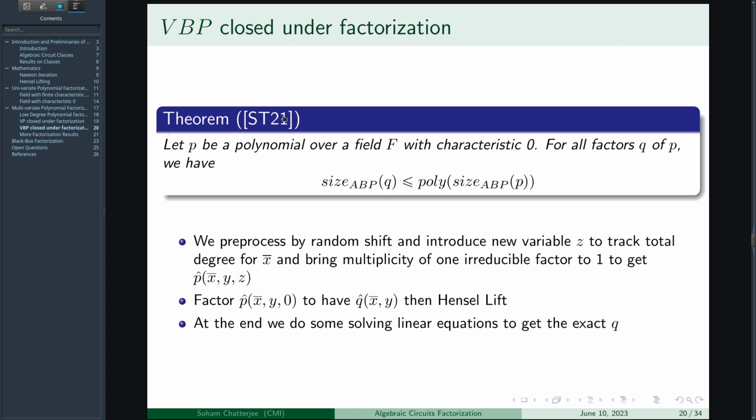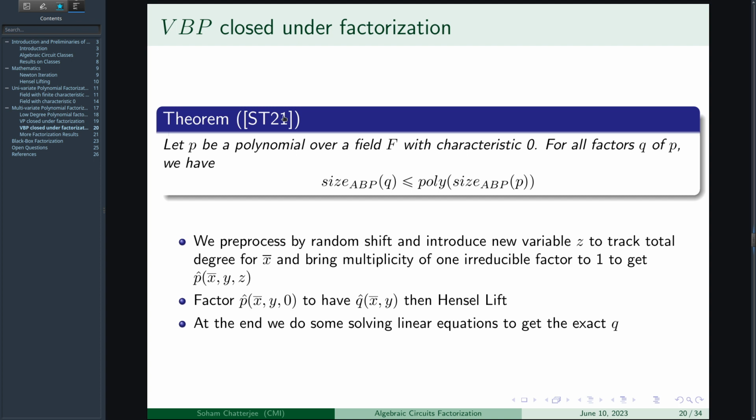Now we come back to VBP closure. This paper is by Amit Kumar Sinha and Thomas Theodore. They use the same strategy: go to univariate, factorize there, then do Hensel lift to get an approximate factor. But here the problem is that Hensel lift doesn't preserve monicness.